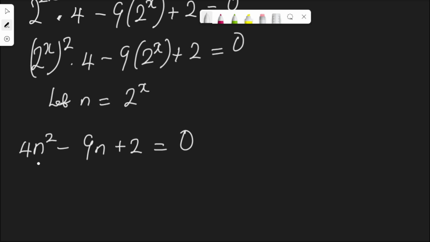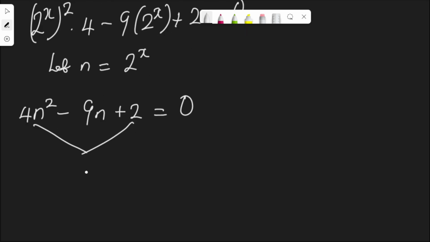This is a quadratic equation, so we solve it by factorization. First multiply the first term, which is 4n squared, by the last term, the constant term, which is 2. That gave me 8n squared. And I need two factors of 8n squared that can give us this middle term, which is negative 9n.